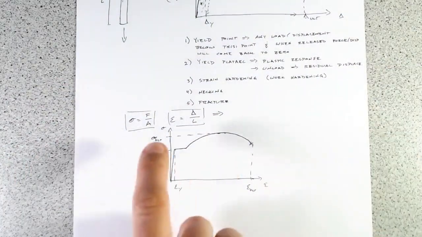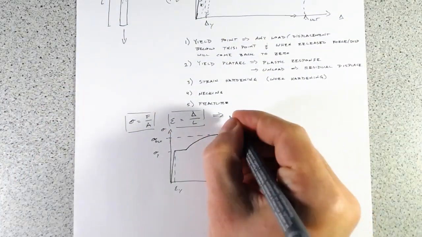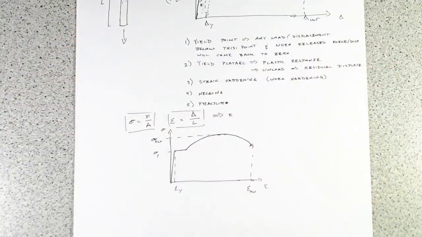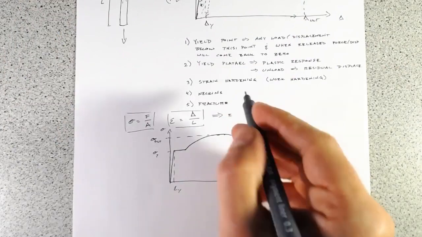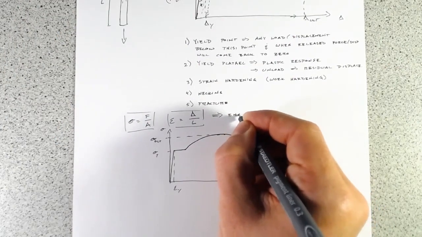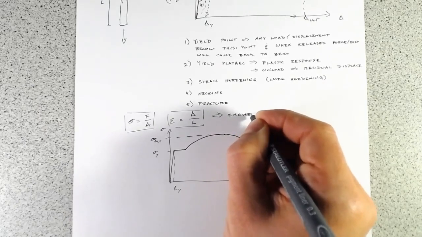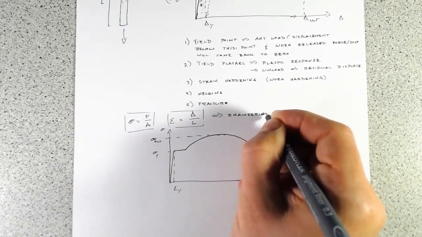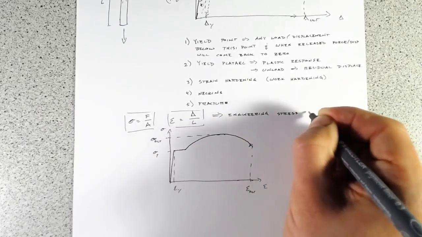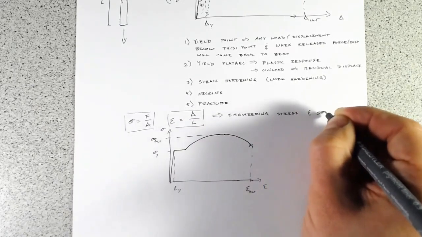And for engineering stress and strain, we assume that getting skinnier part doesn't really happen, particularly for anything down in the elastic section. So this is engineering stress and strain.